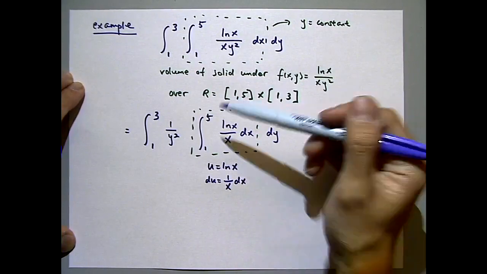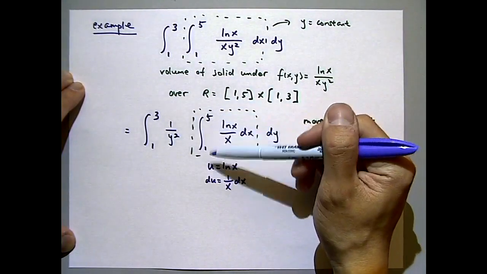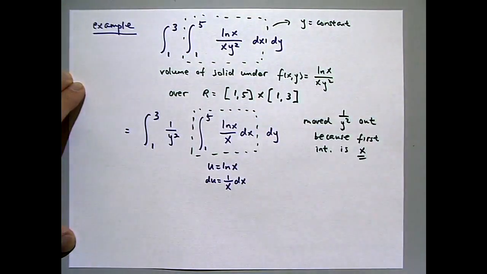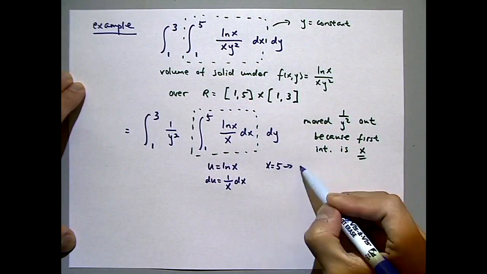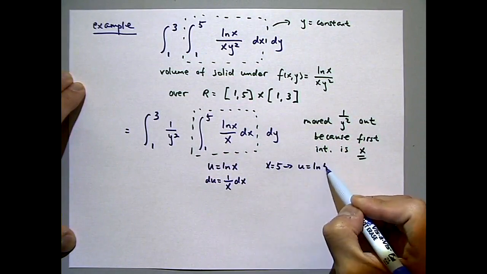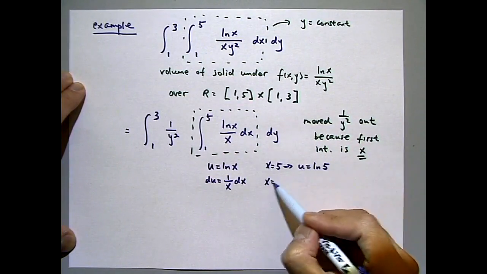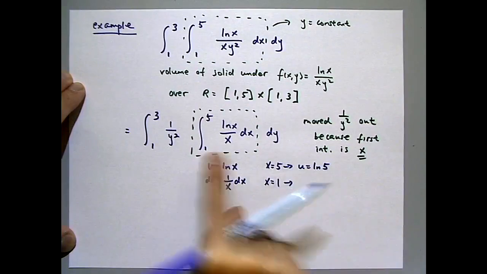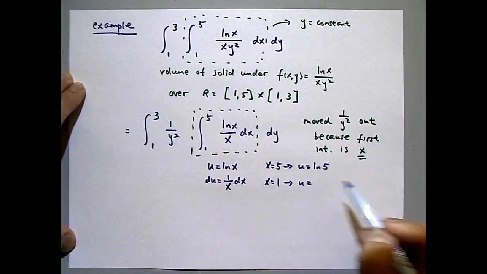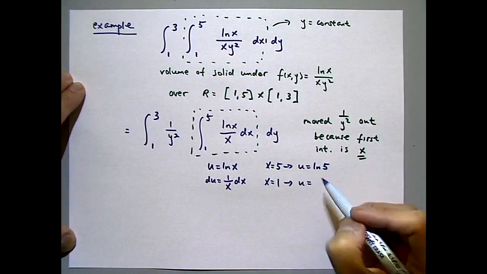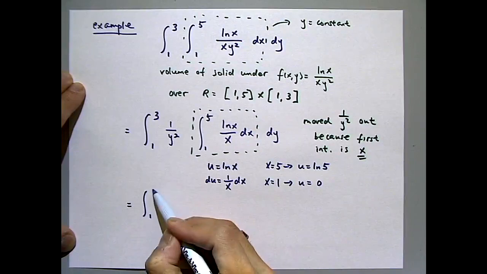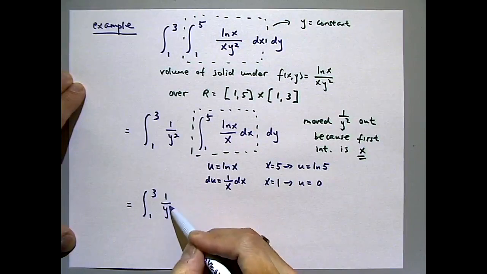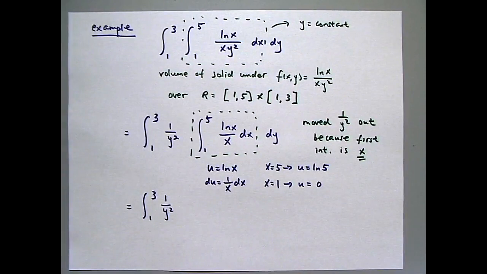Also be careful. Don't forget to deal with your integration limits when you do a substitution. The old integration limit of x equal to 5 now becomes u equal to ln of 5. And the old limit x equal to 1 becomes u equal to ln of 1, which is 0. So the integration becomes 1 over y squared, and that thing has to wait until x is done.